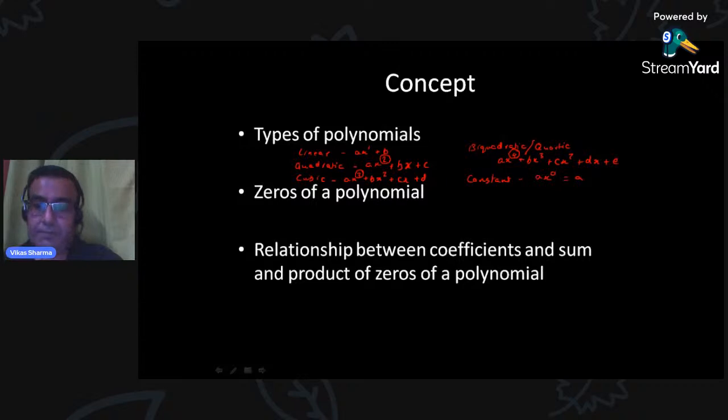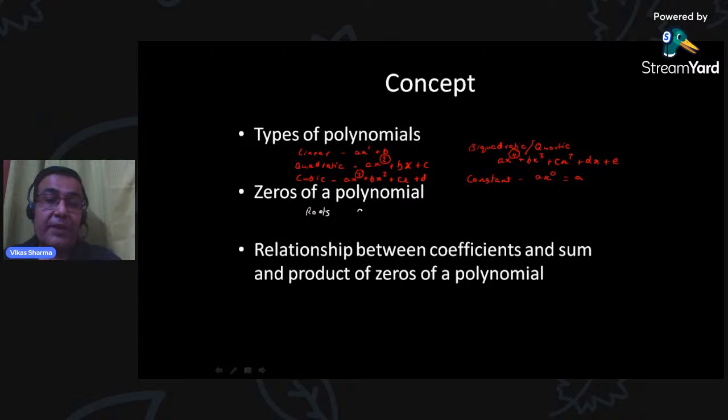Okay, so coming back to it, when I talk about the zeros of a polynomial, zeros are also called the roots of a polynomial. By roots I mean that value of the variable for which the polynomial happens to be 0.